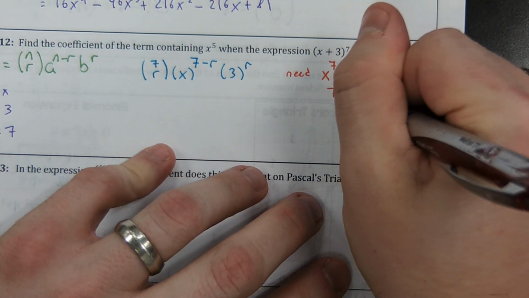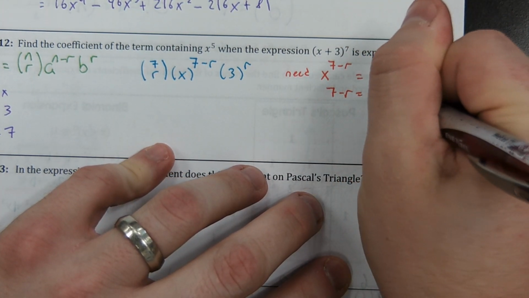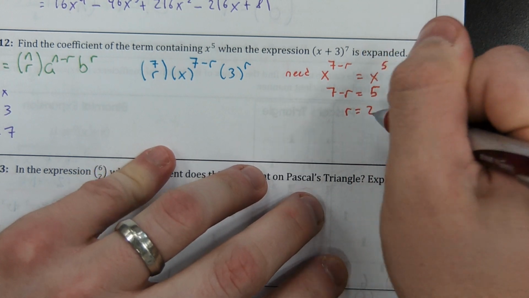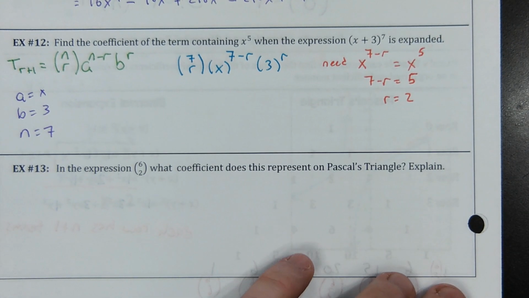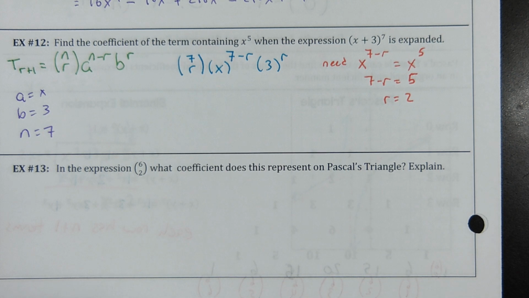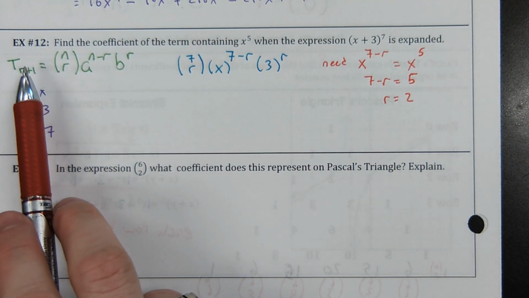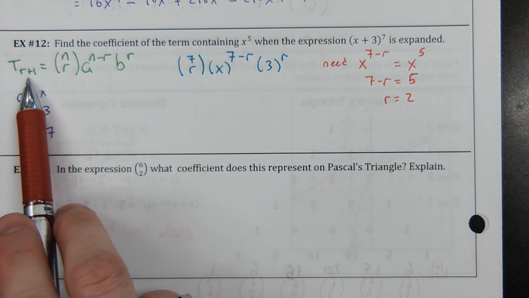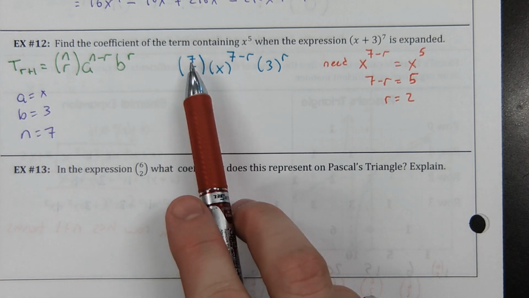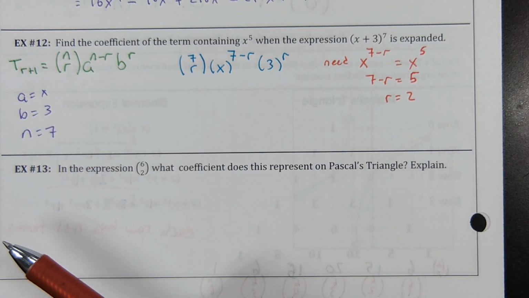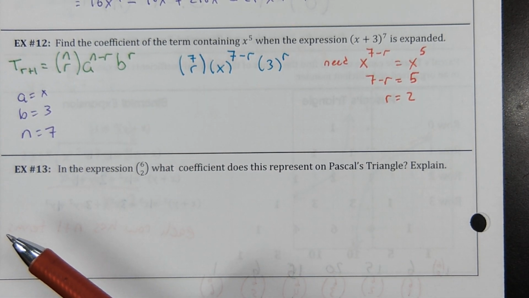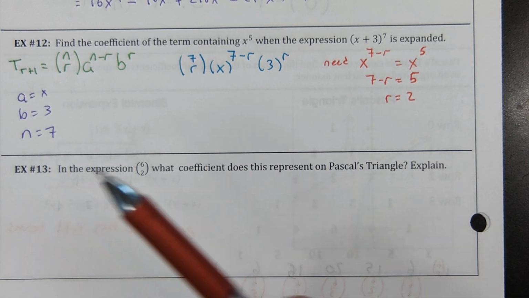That means 7 minus r is 5, so r is 2. What does that tell us? It tells us we're looking at term 3 of the expansion, and if we plug in 2 here, here, and here, we will see what term 3 is in that expansion.